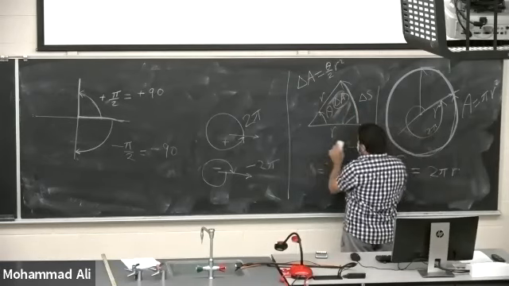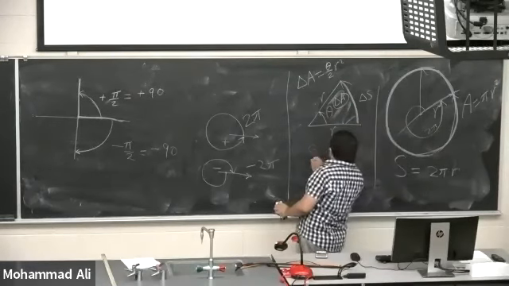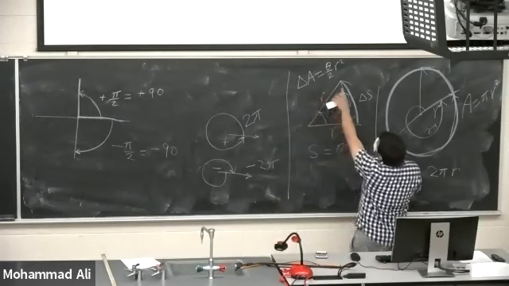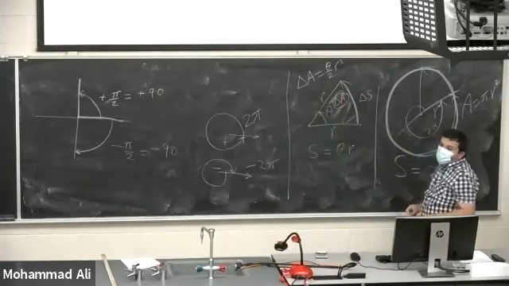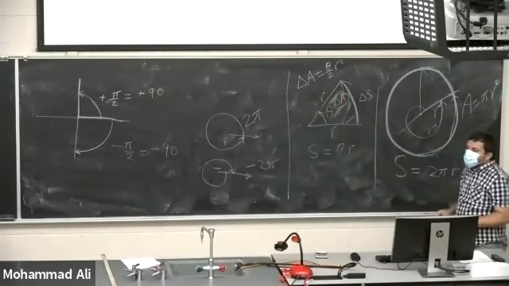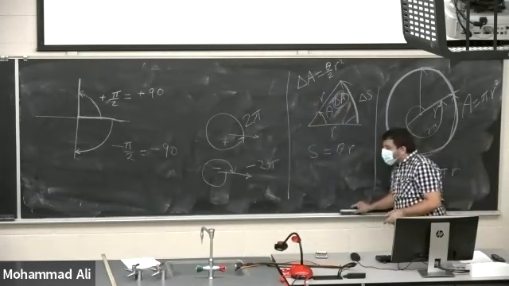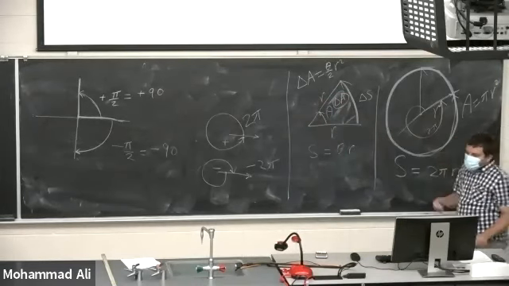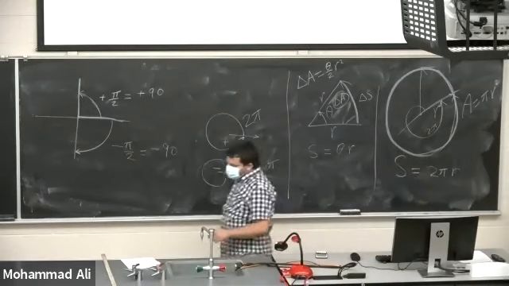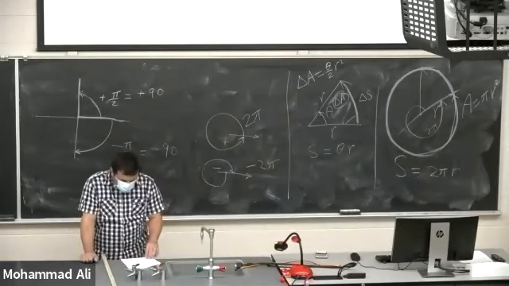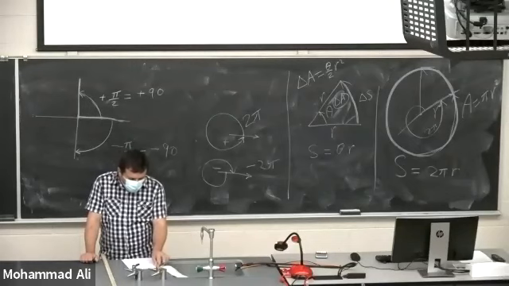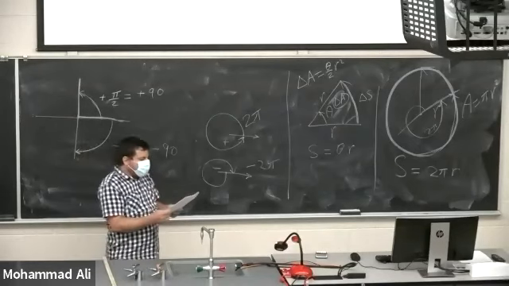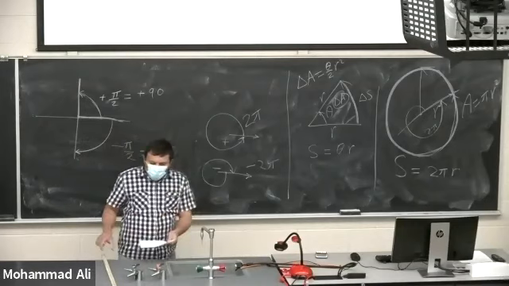Okay? But S is equal to theta R, and the area is equal to theta over 2 multiplied by R squared. These are important relations to use in this material in the future, and I will remind you anytime you face them.